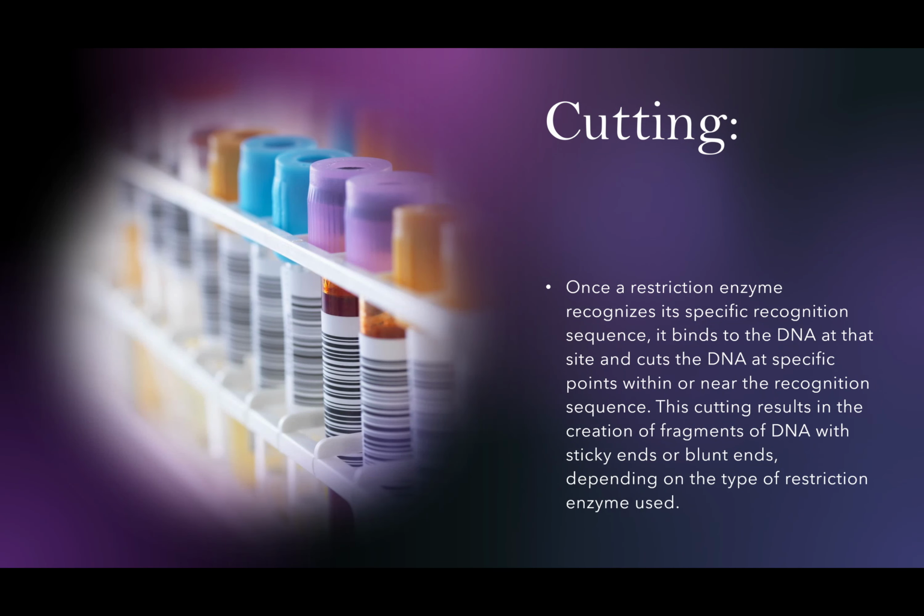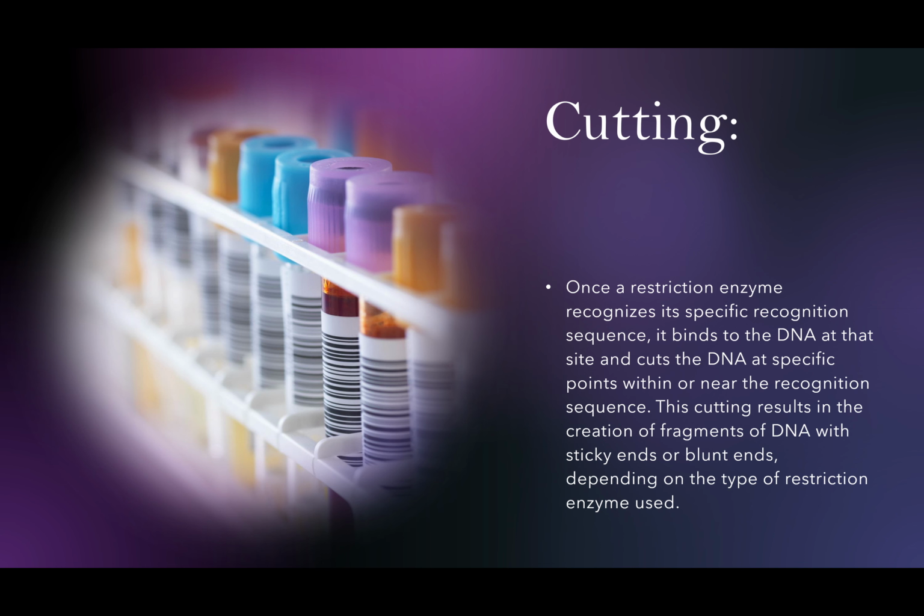Cutting now. Once a restriction enzyme recognizes its specific recognition sequence, it binds to the DNA at that site and cuts the DNA at specific points within or near the recognition site. This cutting results in fragments of DNA with sticky ends or blunt ends, depending on the type of restriction enzyme.